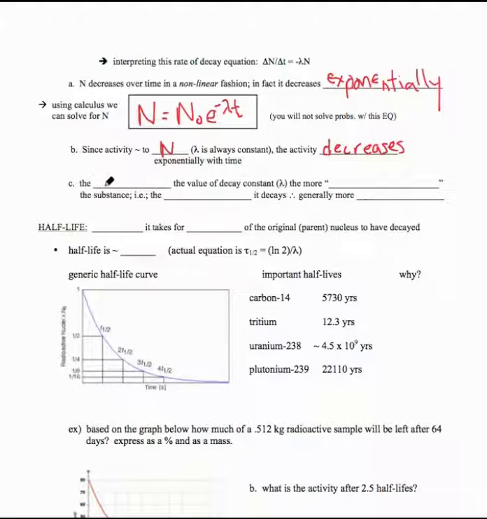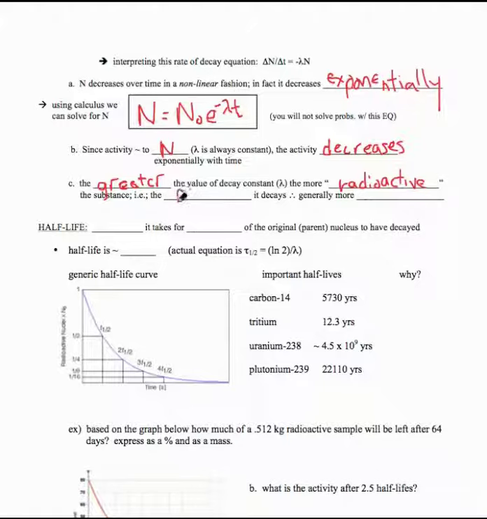Now what lambda can tell us indirectly as well is that the greater the value of lambda, the higher it is, the more radioactive the substance is. Basically it's telling you it's going to decay fairly quickly rather than fairly slowly.